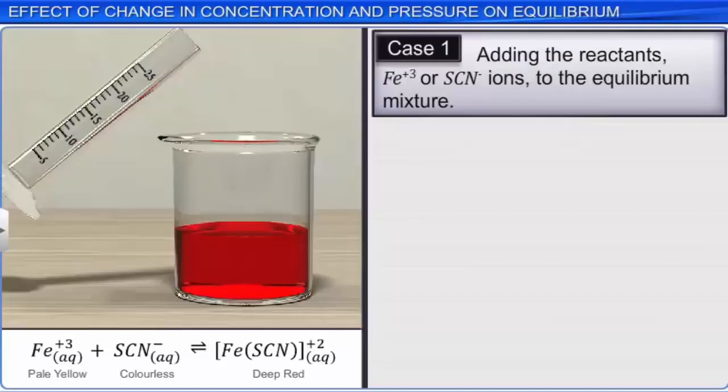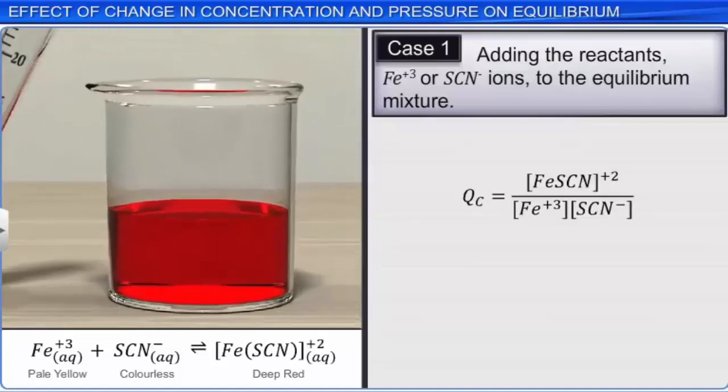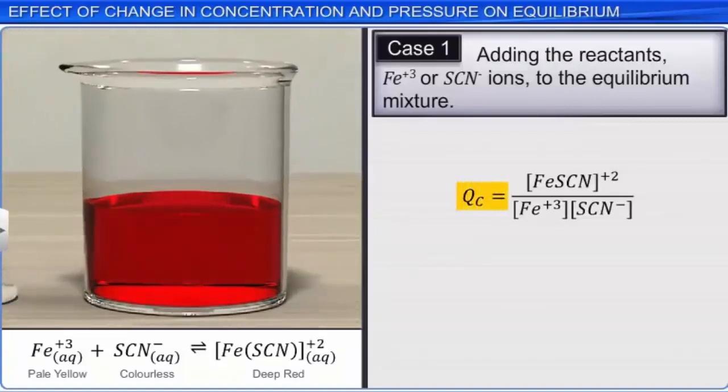The reaction quotient at this stage is given by Qc is equal to concentration of FeSCN+2 divided by the product of concentration of Fe+3 and SCN- ions. On the addition of Fe+3 or SCN- ions, the denominator value in the expression for reaction quotient increases. This results in a decrease in the value of the reaction quotient. Now, the value of Qc becomes less than Kc.